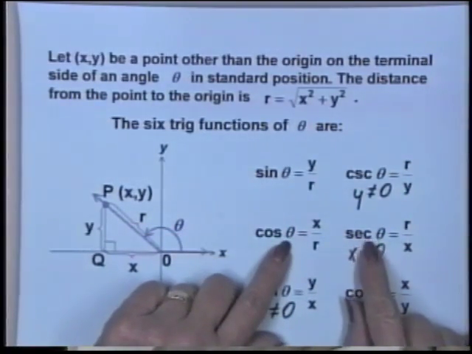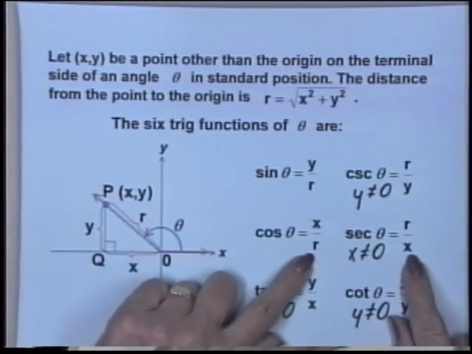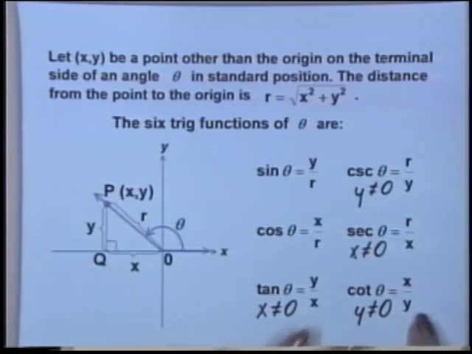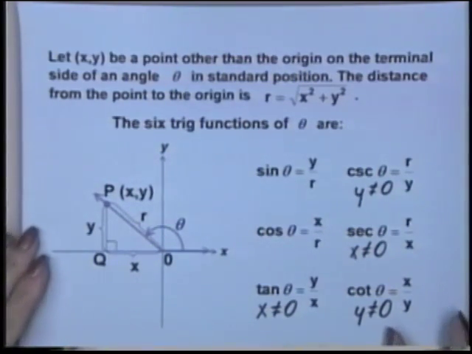Likewise, the cosine of theta and the secant of theta are reciprocals of each other. And also, the tangent ratio and the cotangent ratio are reciprocals of each other. We won't use that in this lesson, but we will use it in the next lesson, and you might as well be aware of that.